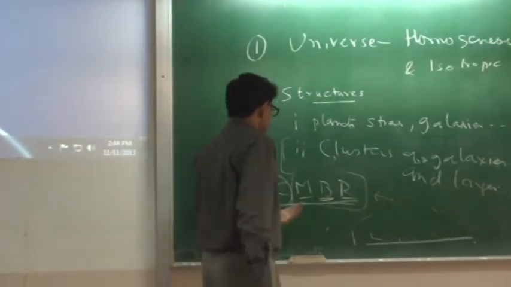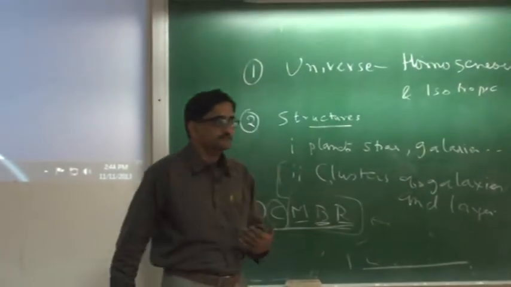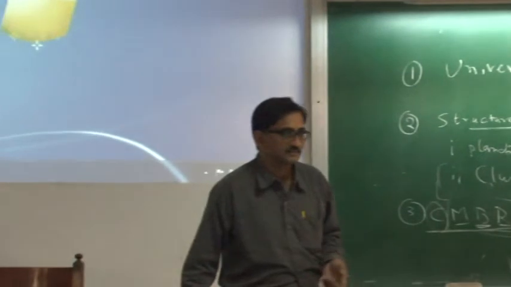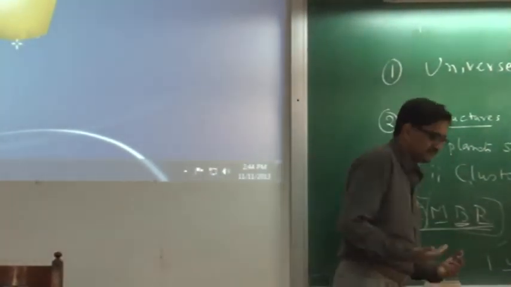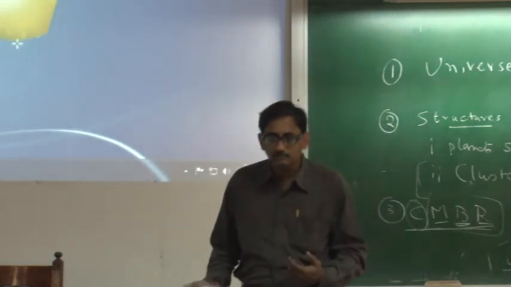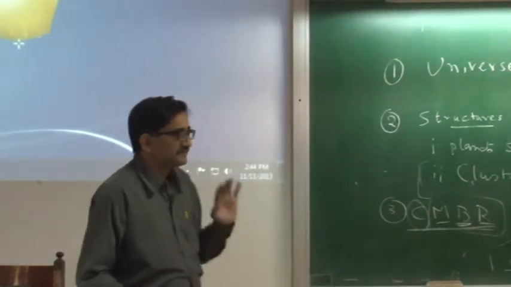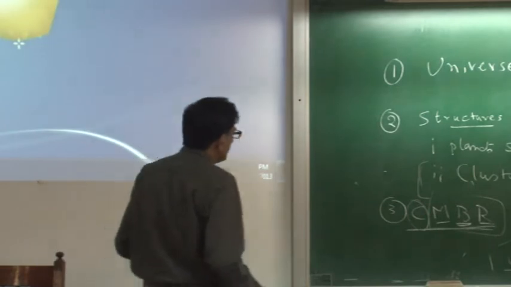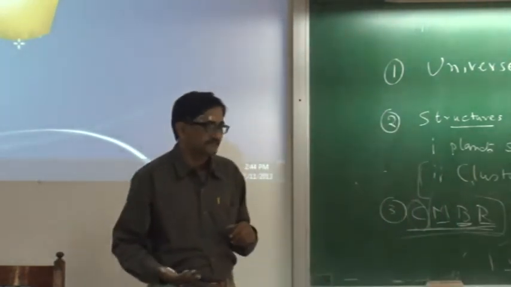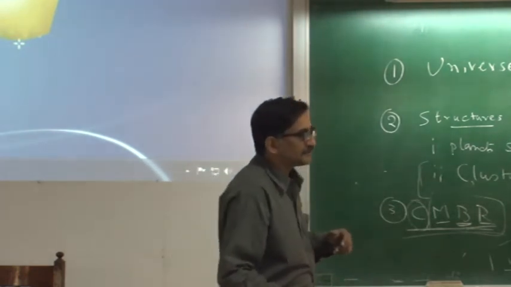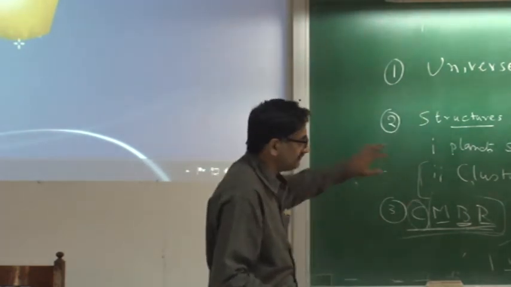Polarization is more difficult to observe, so it started late and results are coming in now. As far as the distortion of the spectrum is concerned, it is found to be black body to a very high degree, and one has not seen any deviation from the black body spectrum, except when it passes through a cluster of galaxies and so on, which I will describe.